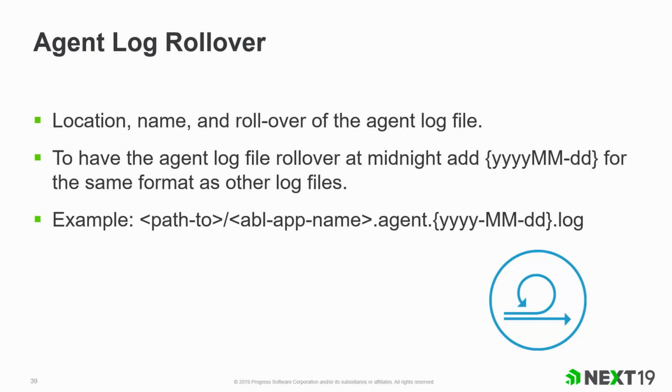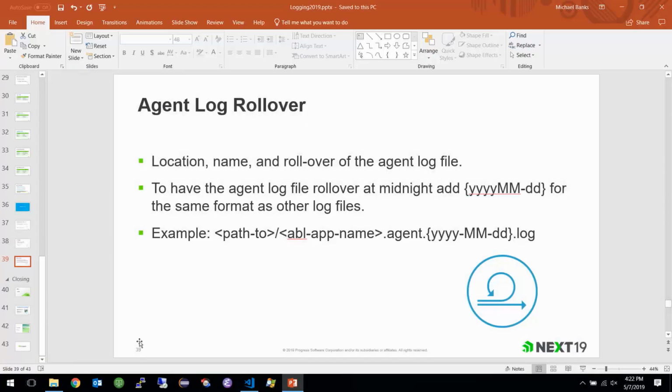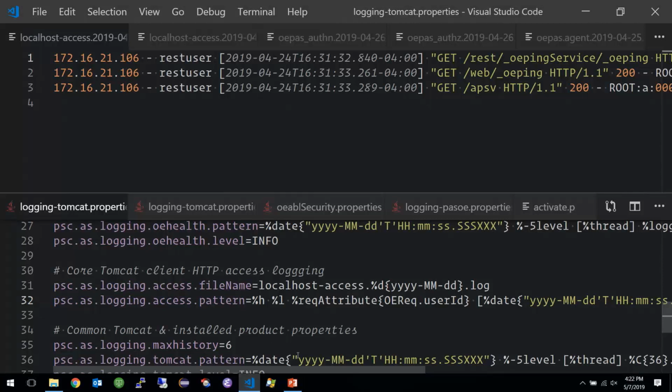Okay? So in the time I have left, let me show you some real log files. I'm going to focus on the access log, but the principles are pretty much the same across all the logs.